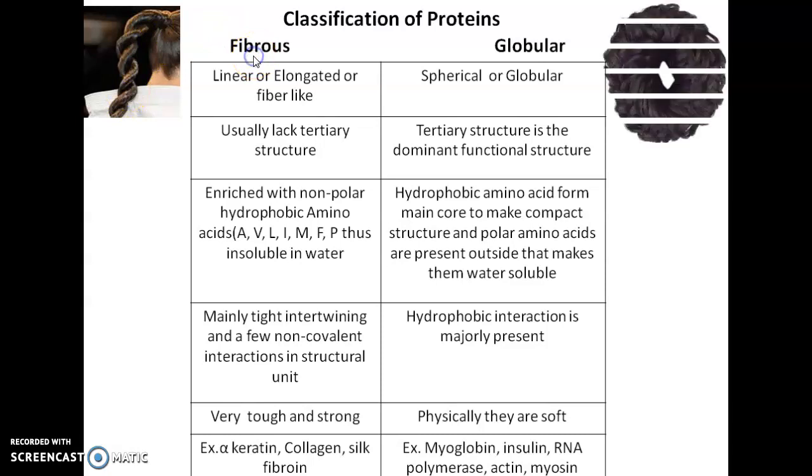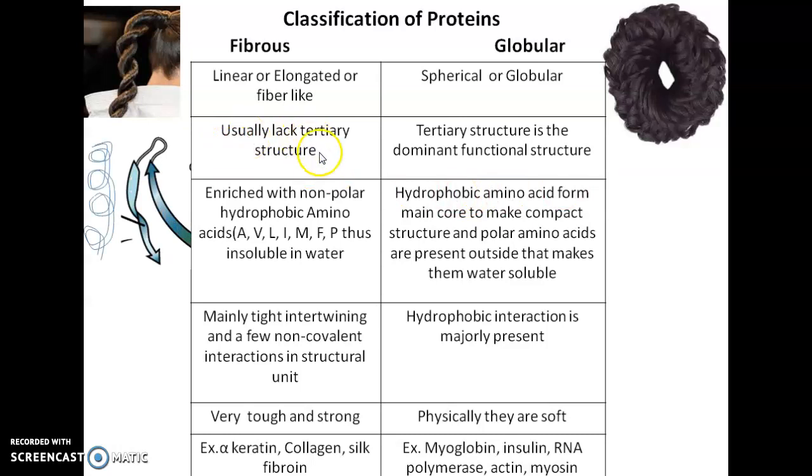Exactly, in fibrous protein, the structure is like this only: elongated, linear, or fiber-like fibers that wrap around each other. While in the case of globular protein, the protein folds in such a way that it forms a compact, spherical globular structure. Such an arrangement of the secondary structure of the polypeptide chain gives rise to a globular structure.